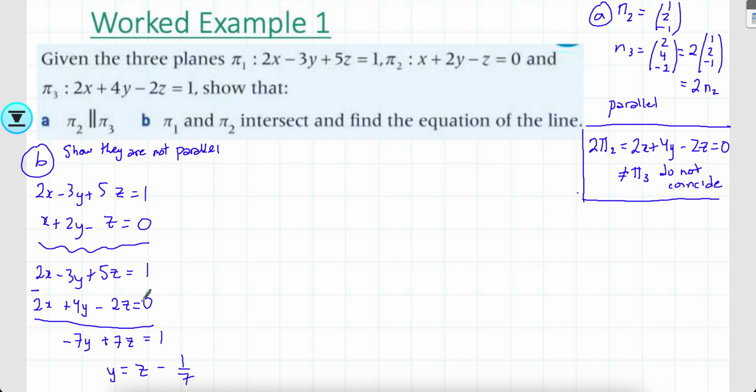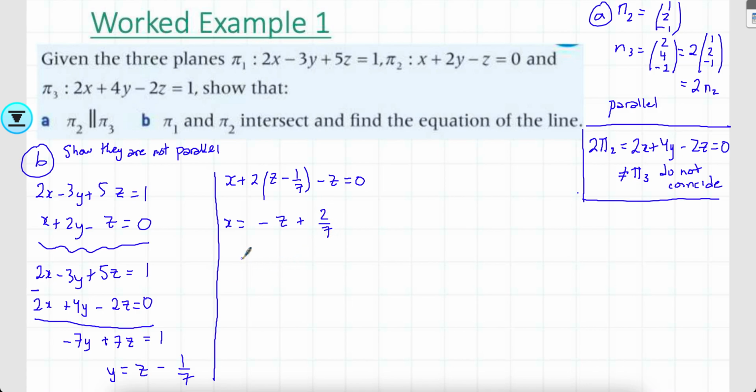Now what we're gonna do is replace this in one of these 2, and I'm gonna pick the second one because it's easier, and I'm gonna end up representing x in terms of z only. So I have x plus 2 times whatever my y was, minus z equals 0. And then when I simplify this, I end up with x equals negative z plus 2 over 7.